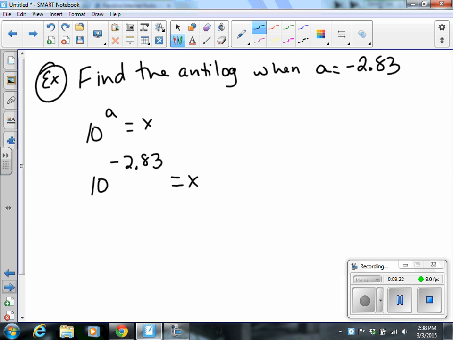Make sure if you have that negative there, you're using parentheses. Otherwise, it's going to goof up the order of operations. X, therefore, equals 0.0015. Final answer.